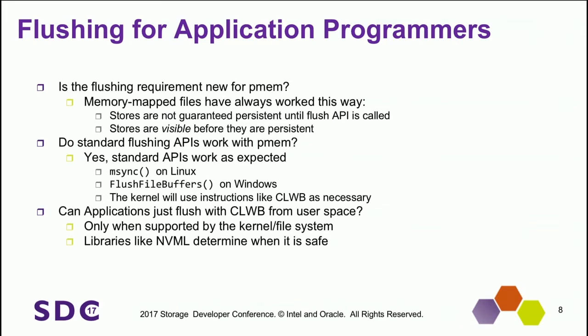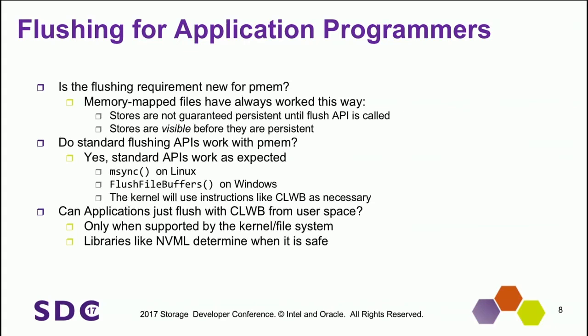So because of this kind of wording of POSIX, file system developers know that they can postpone things until an msync call, right? And so in order for this to be safe, the file system has to know that you plan to do flushes yourself from user space. Okay? So on Windows, the NTFS DAX changes completely support this. It is safe on Windows to do these CLWBs from user space. No problem.